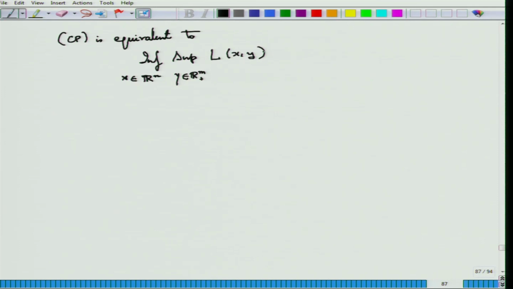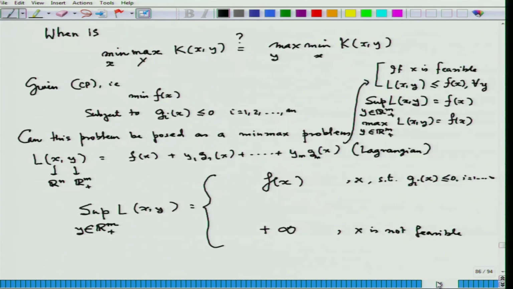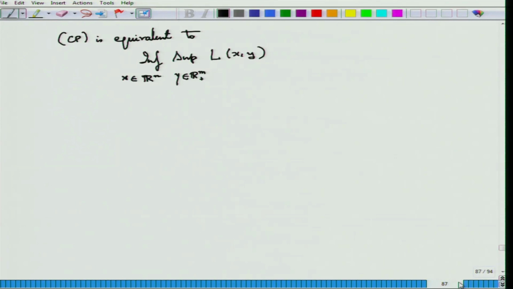So, this is my primal problem. The usual problem CP is now looking like this: I have posed it as a min max problem, an inf sup problem. This is exactly the question I have asked you.